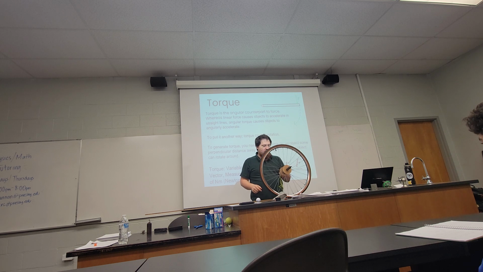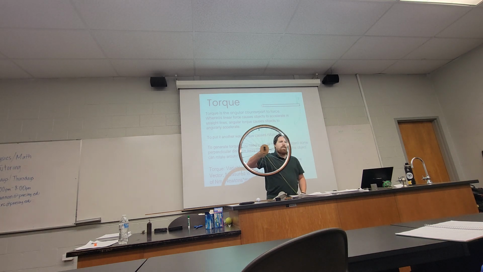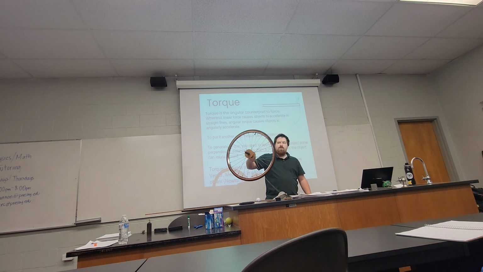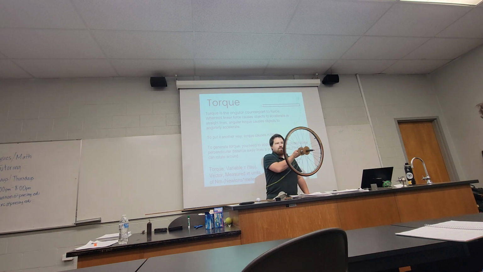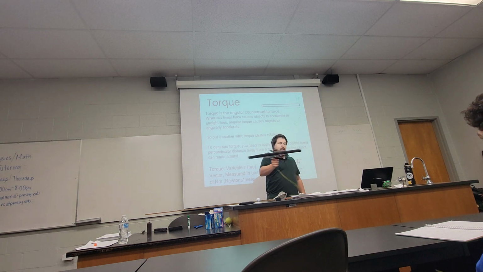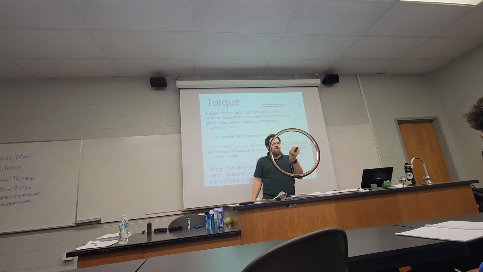If I instead apply force directly to the axle at a radius of 0, I don't actually cause any rotation. I just cause linear motion. It's only when the force is applied some distance away, some radius away, that rotation is caused.